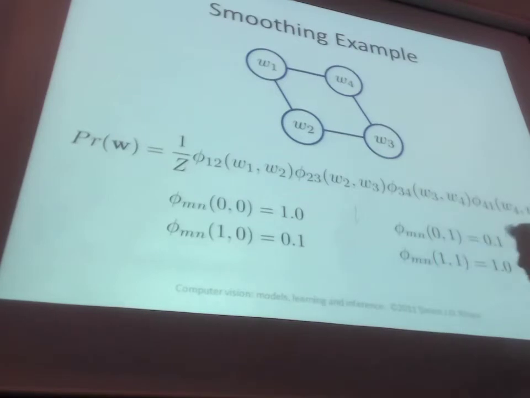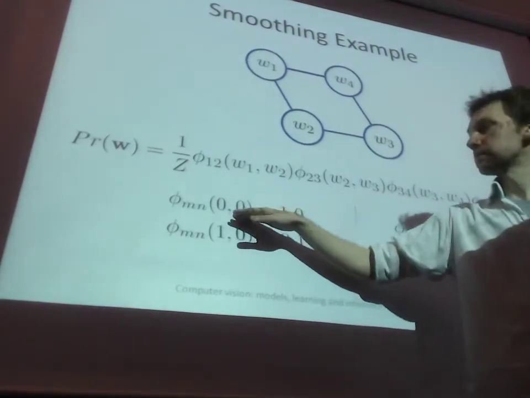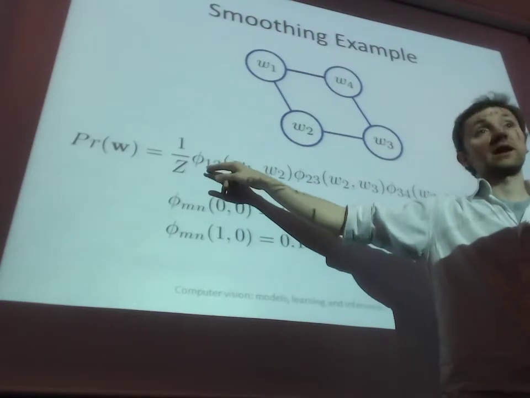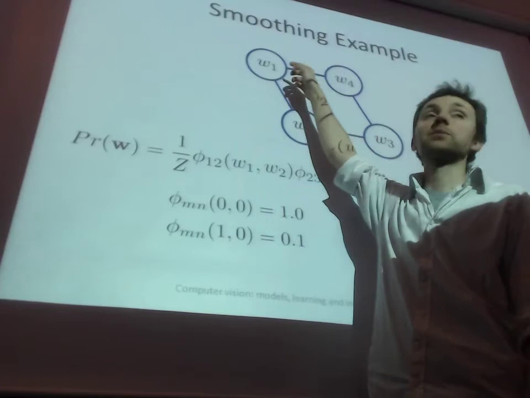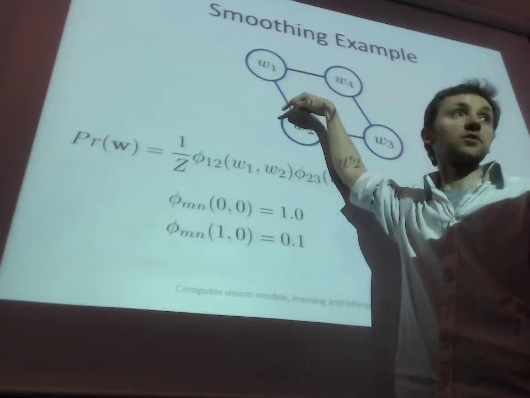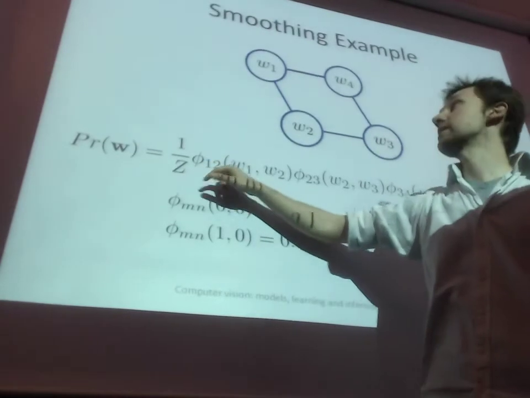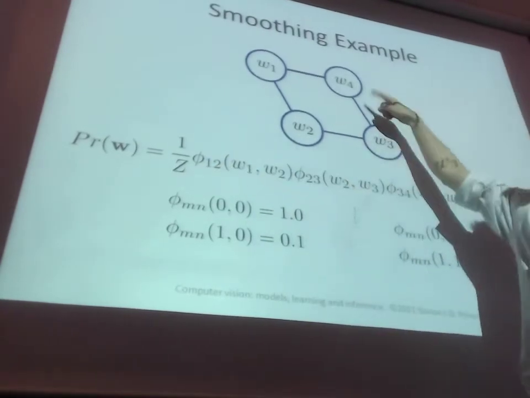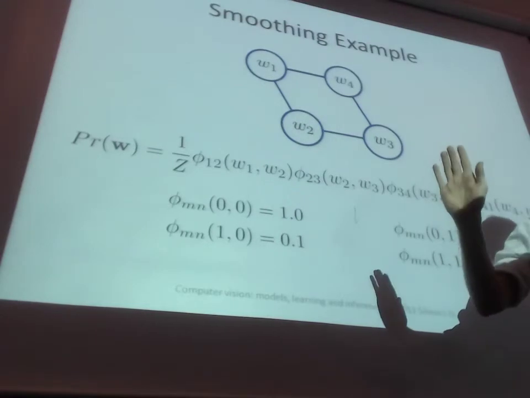Here, someone has just whispered in our ears the potential function. Obviously you can have different potential functions. You can have phi 1,2, which is its own potential function that just talks about what happens on the left 2 pixels of this graph, and it could be very different from phi 3,4. Is that clear? We could have very different functions.